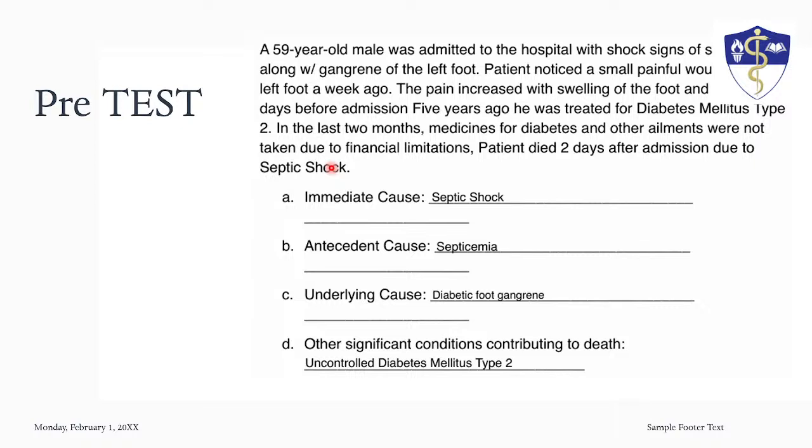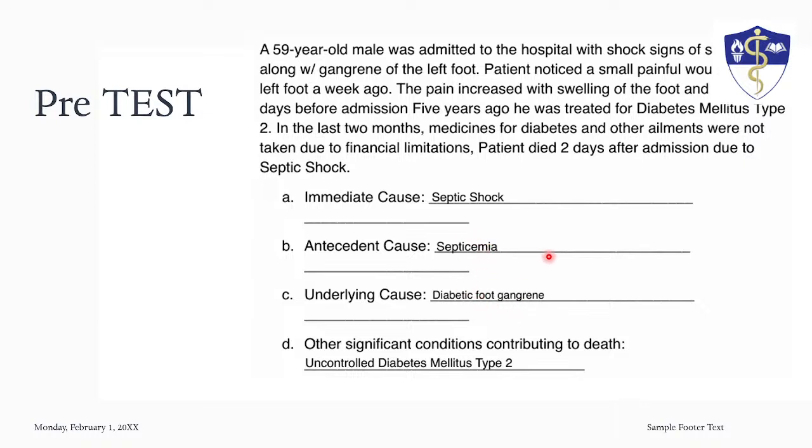So this is an example of residents or other senior hospital authorities trying to tell you to fill up all of the lines. Actually, you can omit this and just put gangrenous diabetic foot.